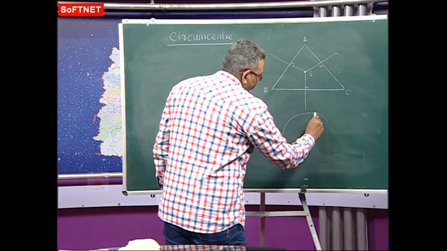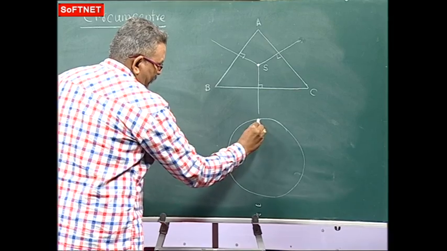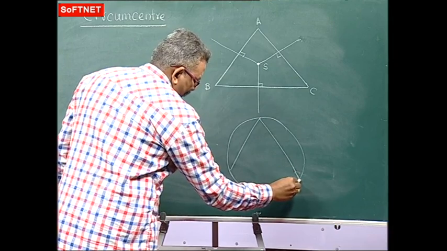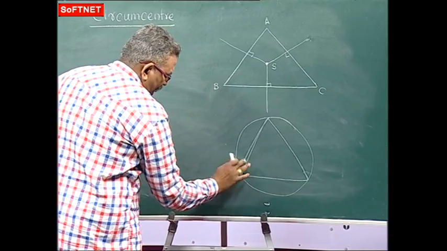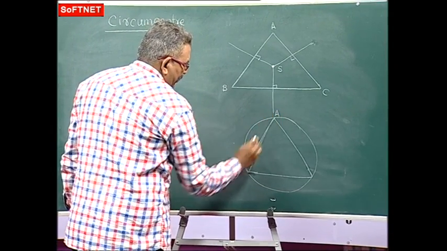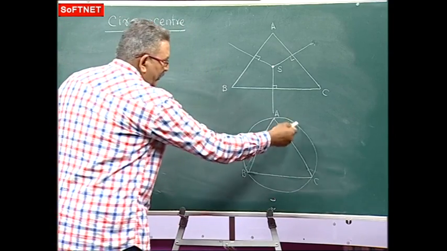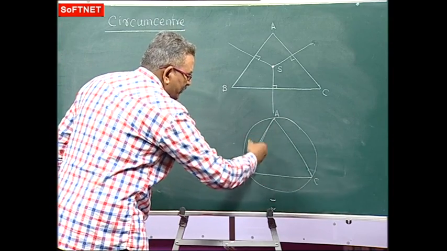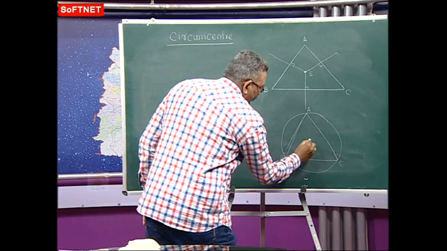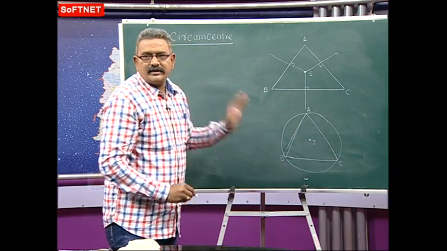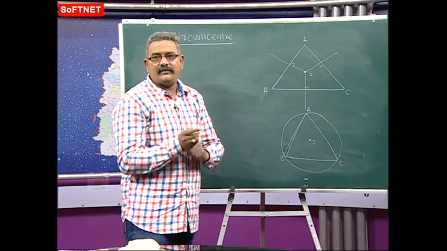For example, take a circle and inscribe a triangle like this, say this is A, this is B. We have drawn a circle through the vertices of triangle ABC. Then the center of this circle is the circumcenter of triangle ABC. We can define it both ways.